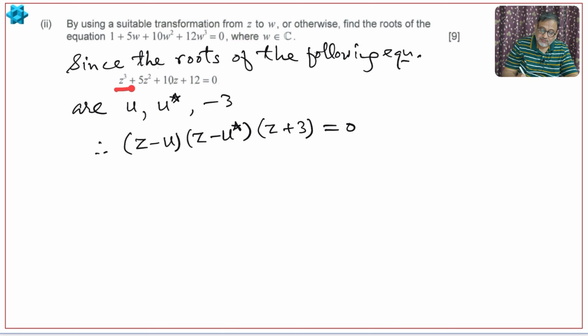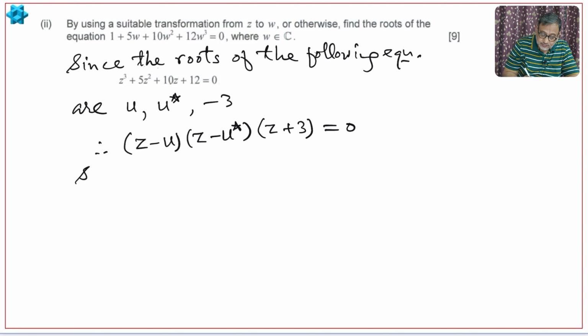Now when you simplify, it will be z cube, z square, z and 12. Now if you look at this equation, the given equation, it also has the same coefficients. See, 1, so it is 1 here, 5, so it is 5 here, 10, so it is 10 here, and 12, so it is 12 here. So it means instead of descending order, it is in ascending order, right?